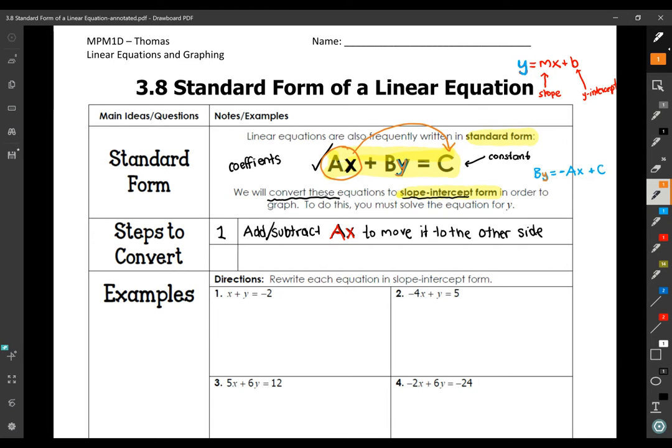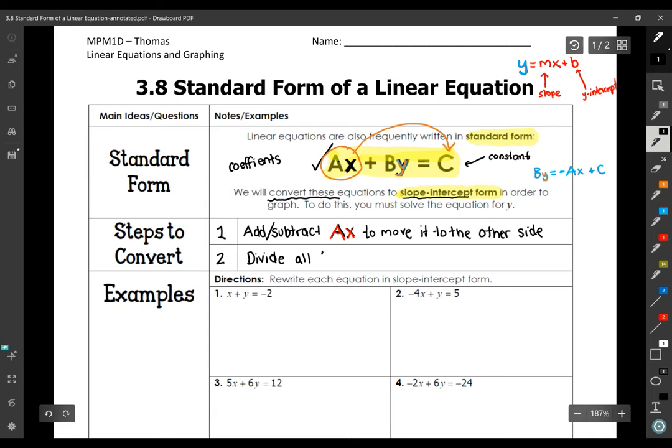Because we still have that b beside the y. So again, to isolate for y, our second step is simply to divide all terms by the coefficient b.